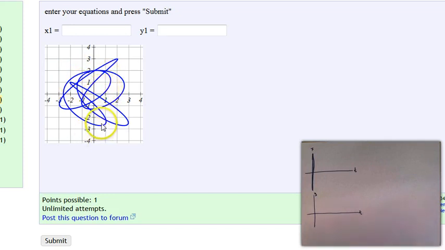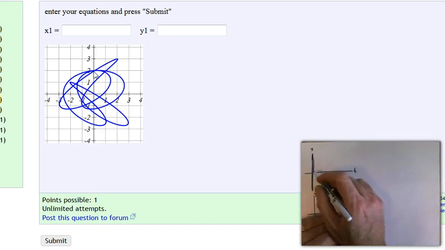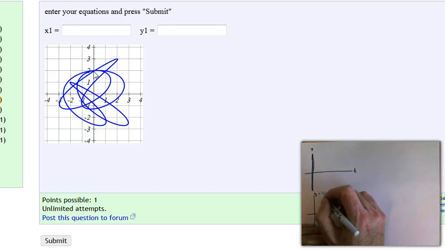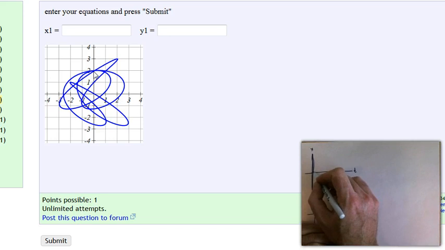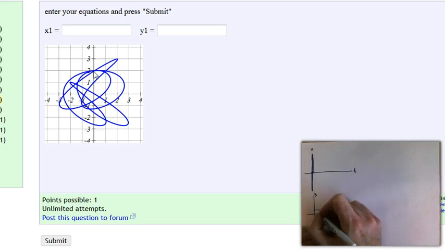But I do think that that is a good starting point. So I'm going to focus just on x, and I'm going to start at that point. So x is going to start at 0. I've got x versus t here, and y versus t there. So x is going to start at 0, y is going to start at 2. Now, I've got to decide which way I'm flying.